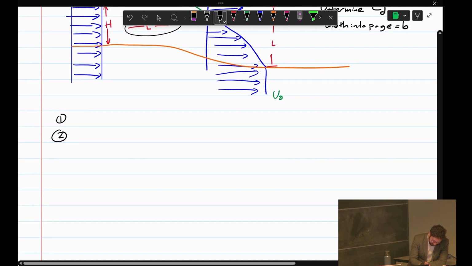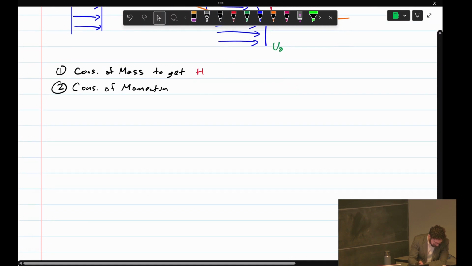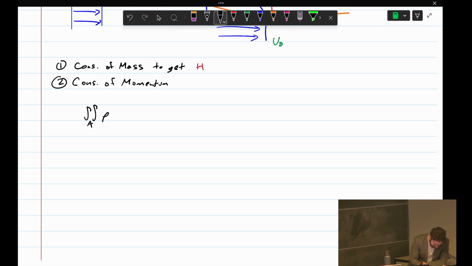Okay. So we want to get h, and then we do conservation of momentum. So our conservation of mass is this integration here.